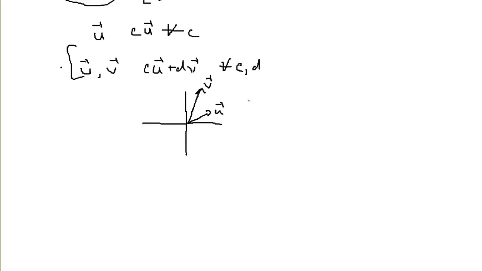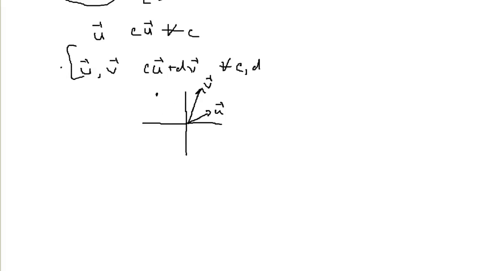And for this case, I would have the plane, the R2 plane, right? Because every possible combination of this u with this v allows me to get anywhere in the plane. For example, suppose I wanted to get to this spot over here.